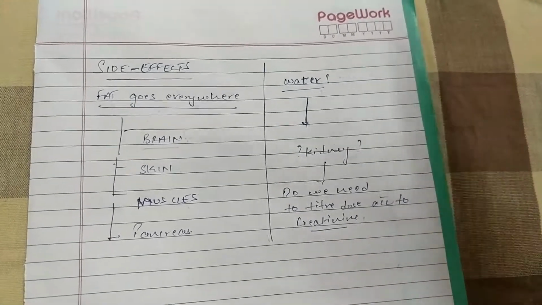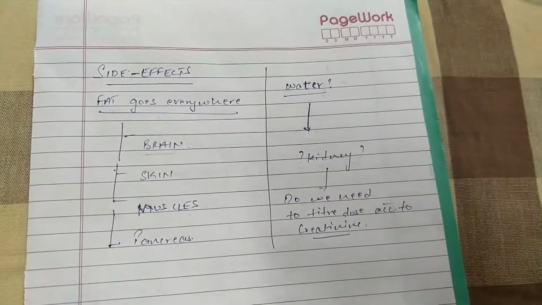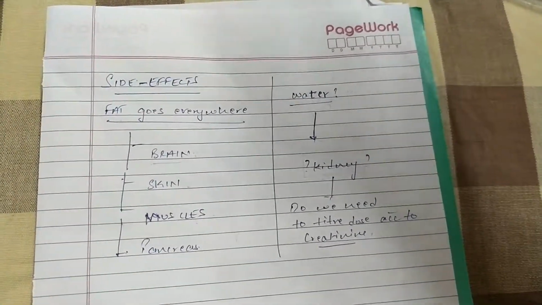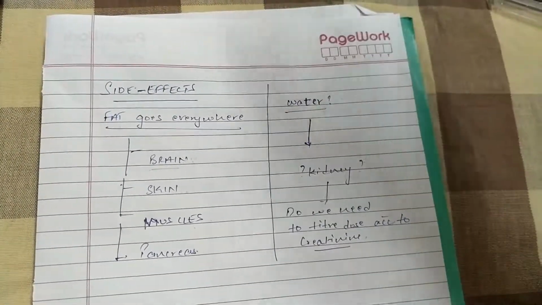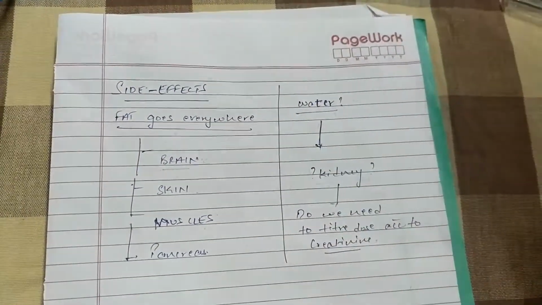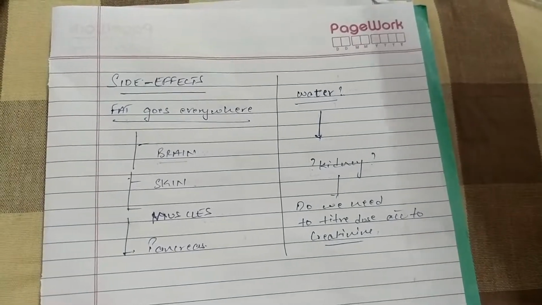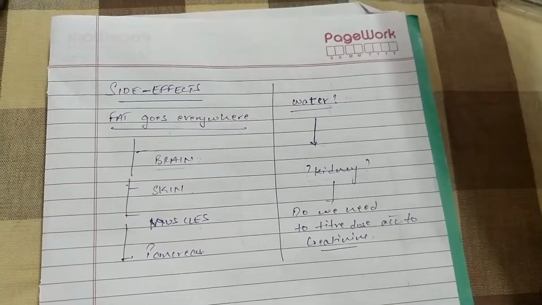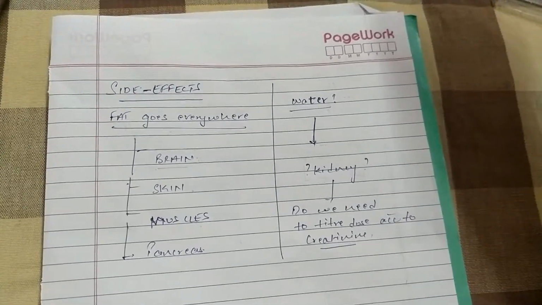So the concept is very simple. Whenever we are talking about lipid-soluble, fat-soluble drugs, we need to make sure that a prior LFT is done before we start fat-soluble drugs. And before we start water-soluble drugs, always make sure that the creatinine clearance and the creatinine levels are taken beforehand.